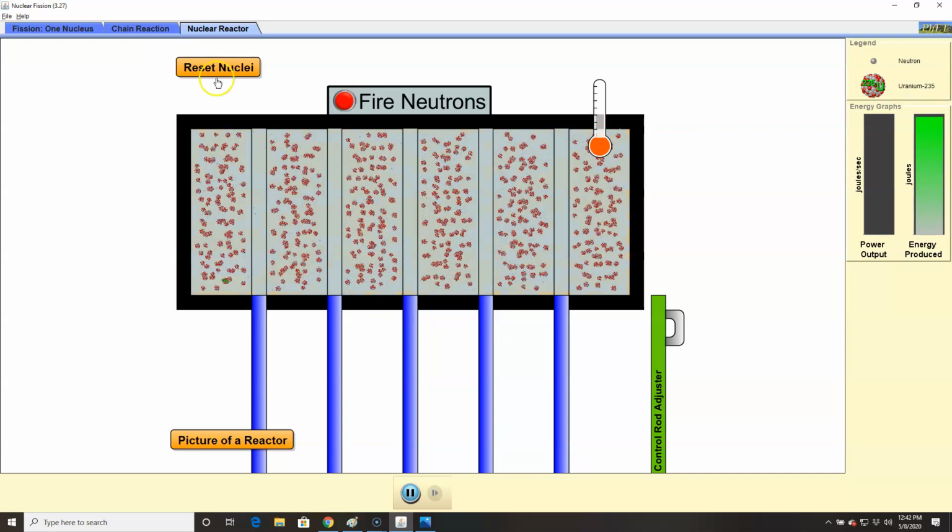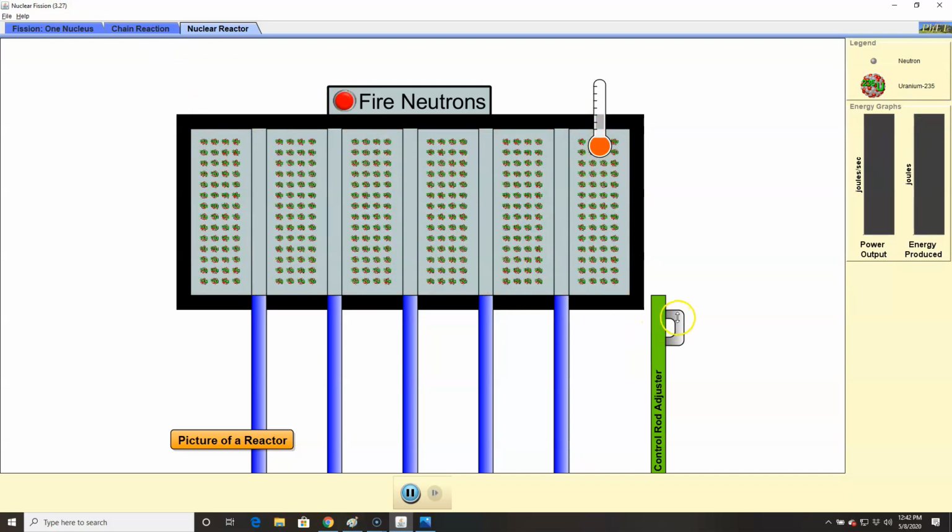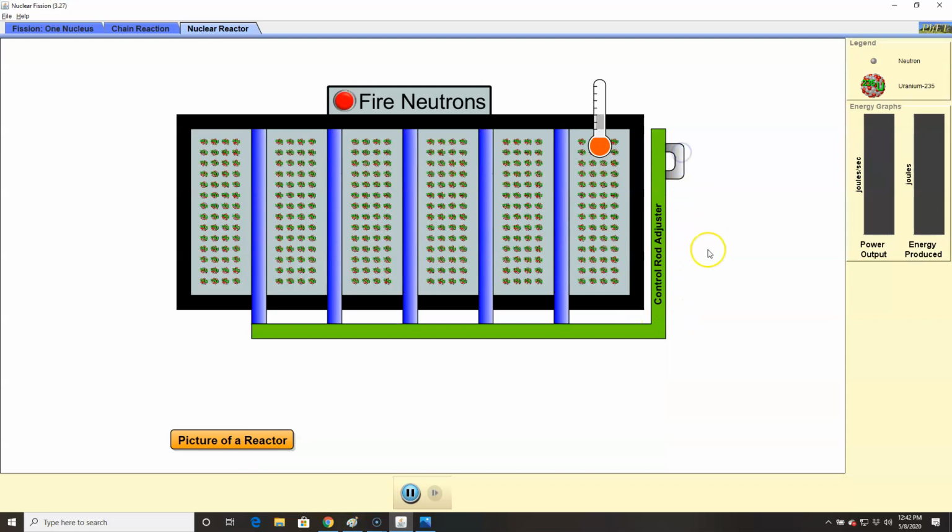So what we do instead is we use control rods. If you remember, nuclear fission happens by neutrons colliding with uranium-235. So our control rods are special types of rods that absorb neutrons.